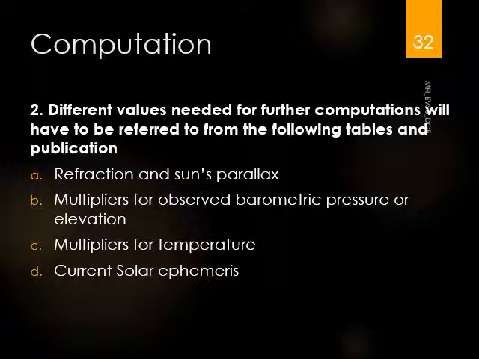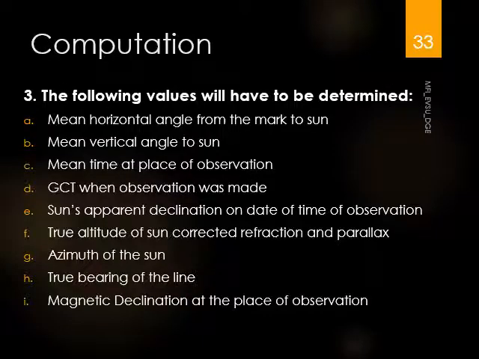So different values needed for further computation will have to be referred from the following tables of publication. So yung parallax and refraction, you can get this in the ephemeris table, which is available in the internet. You can search. So the following values will have to be determined.